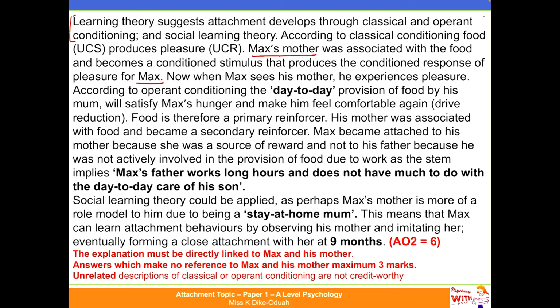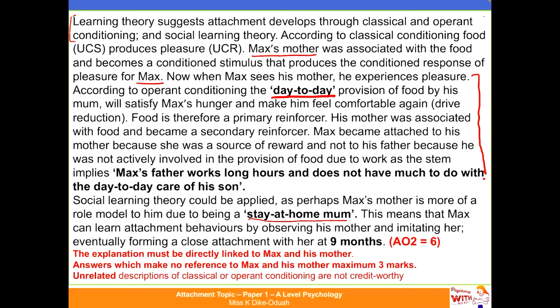Drive reduction. Food is therefore a primary reinforcer. His mother was associated with food and became a secondary reinforcer. Max became attached to his mother because she was a source of reward, and not to his father because he was not actively involved in the provision of food due to work, as the stem implies. And there's again a lovely plug from the stem here.